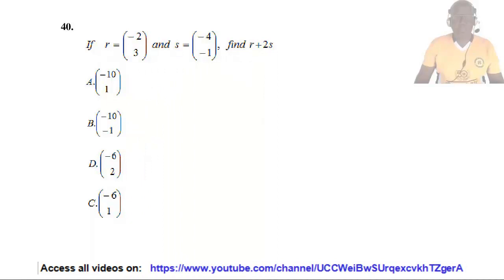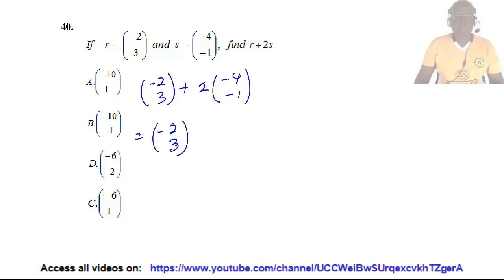Question 40. If vector R equals minus 2 on 3 and S equals minus 4 on minus 1, find R plus 2S. That is R equals minus 2 on 3 plus 2S, S equals minus 4 on minus 1. Let us multiply S by 2.